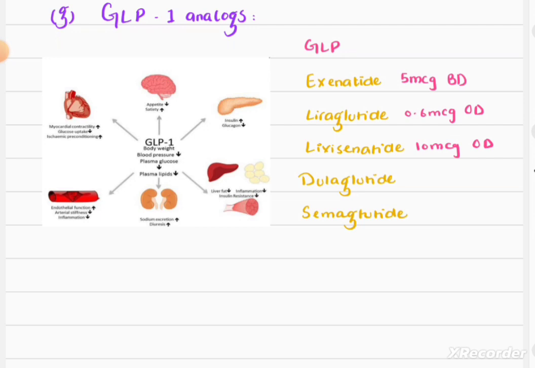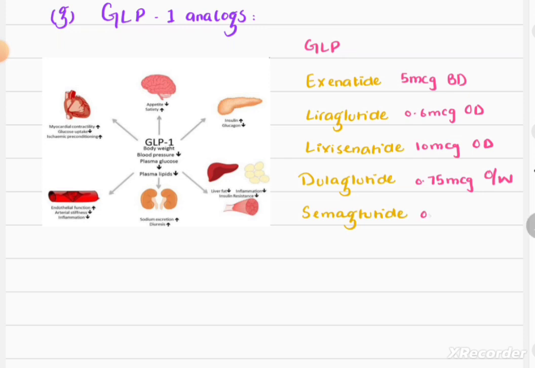Dulaglutide is given as 0.75 mg subcutaneously once weekly. So this is a once weekly formulation, which is a very important and interesting fact related to dulaglutide. Then we have semaglutide, and it is also given as a once weekly formulation.